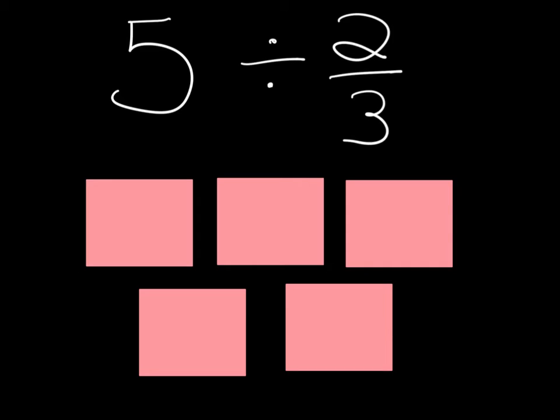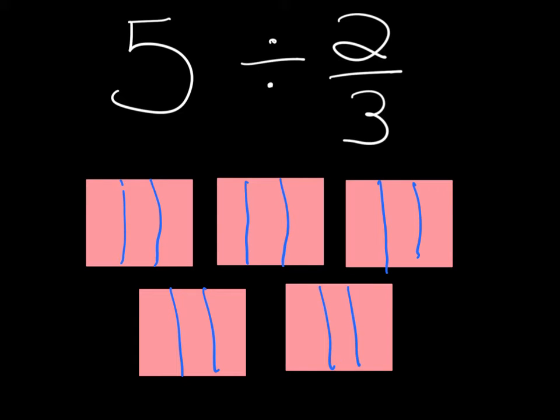Now we are going to take a look at doing 5 divided by 2/3. So notice I have my 5 rectangles again. We're going to also cut these into thirds. I'm going to try to do a little better job than I did the last time. This time we are looking at how many 2/3 are in 5, so I'm going to make tallies.